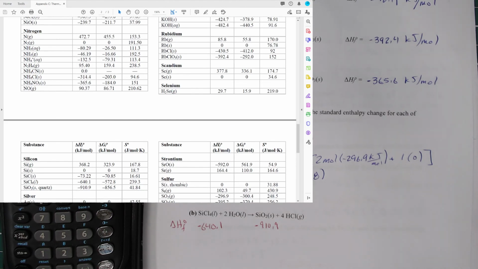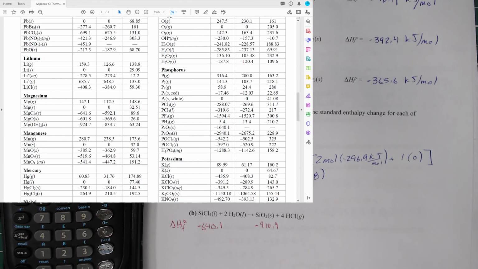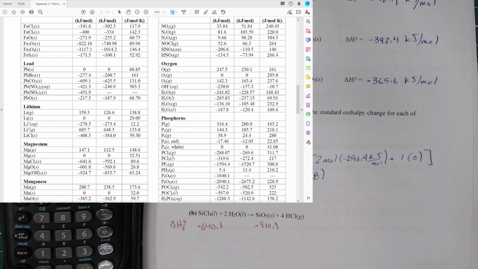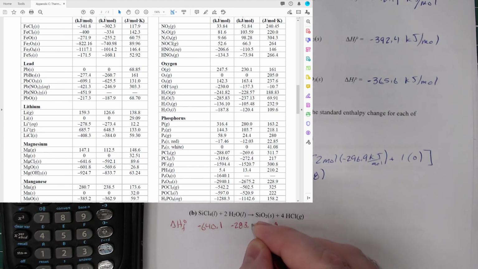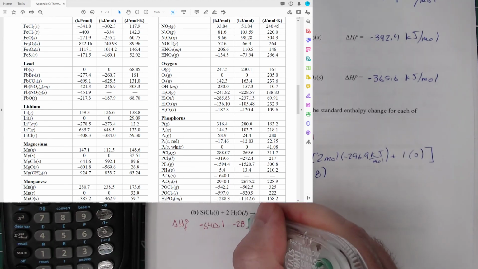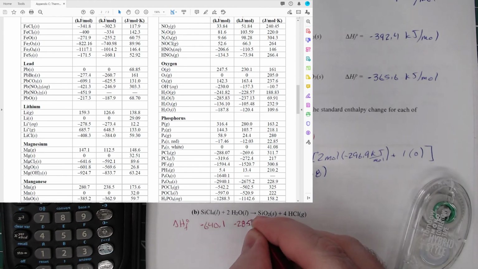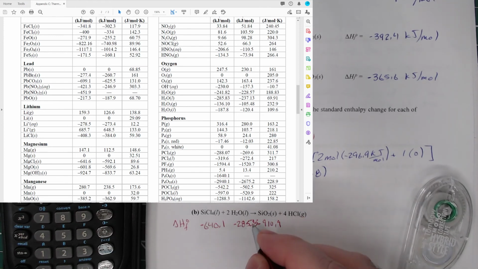And then we'll do water. So I need to go up to oxygen. H2O, and it is H2O liquid. Make sure you pay attention to those states. So negative 285.83. Might as well put the right number there. So negative 285.83.